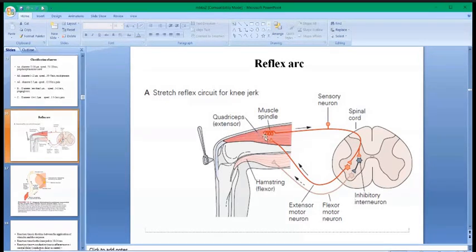Here only one muscle spindle has been shown. There are numerous muscle spindles, and they will be stimulated. Muscle spindle is a receptor. So that receptor will be stimulated, and the impulse will be carried by the sensory neuron. This one is the axon, a dendron. This one is the dendron.